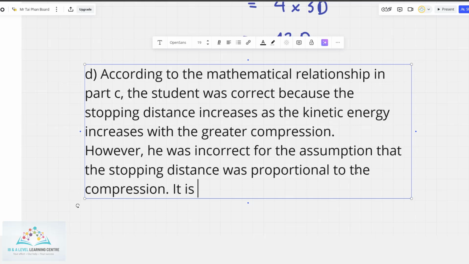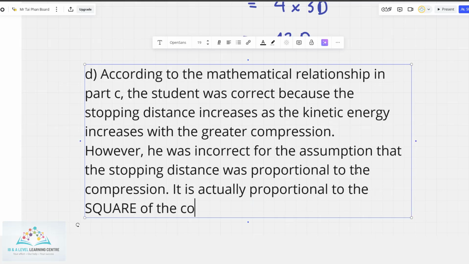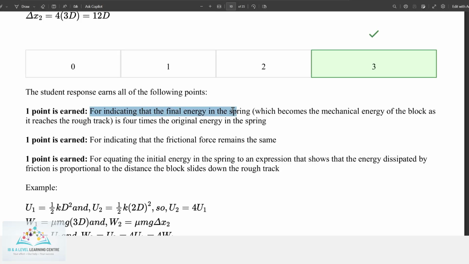It is actually proportional to the square of the compression, indicating the final energy in the spring, which becomes mechanical energy of the block as it reaches the rough track, is 4 times the original energy.